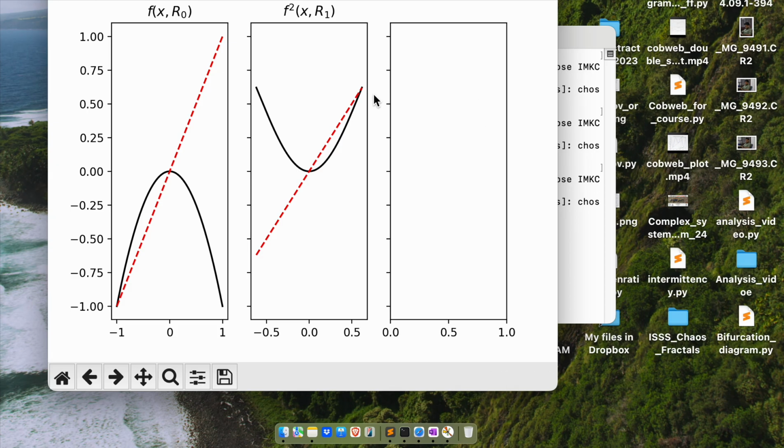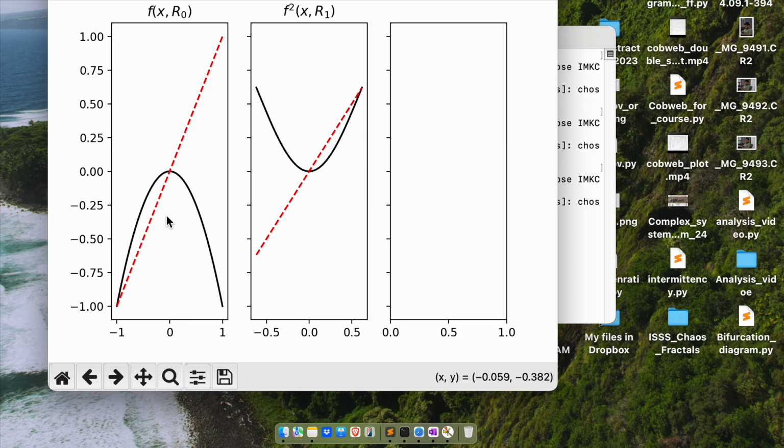So the unstable fixed point is at this point. This point looks quite similar to this, but what you find is that the value reduces in both the y direction and the x direction. From here to here if you measure it becomes 0.5, but here to here is 0.1.